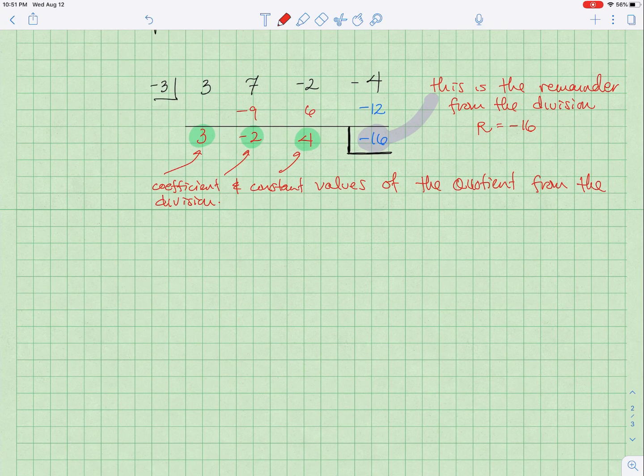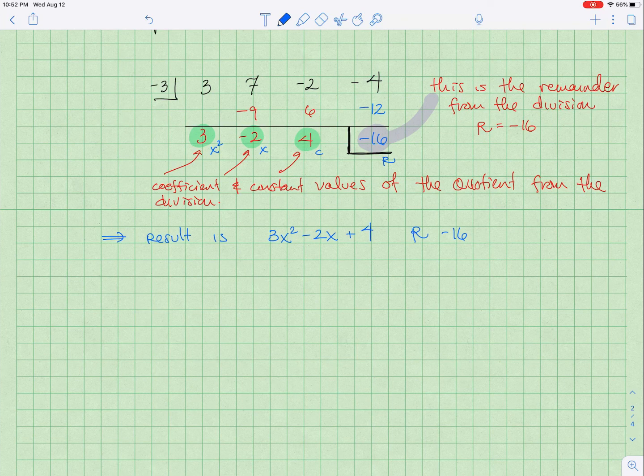Well, I mean the result here is, starting from the far left, first, here's our remainder. This is our constant term. This is our coefficient on x. And this is our coefficient on x squared. And so the result here is 3x squared minus 2x plus 4 with a remainder of negative 16.